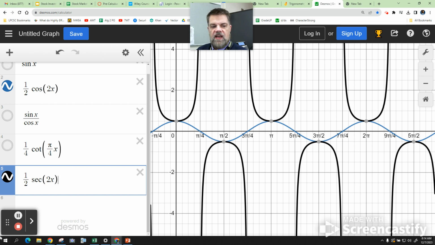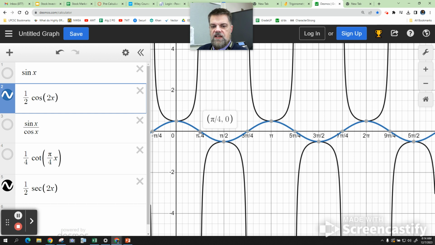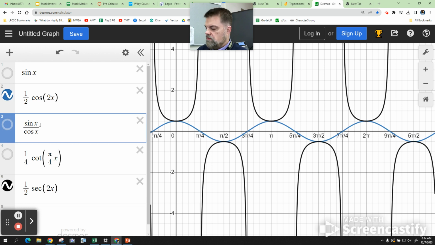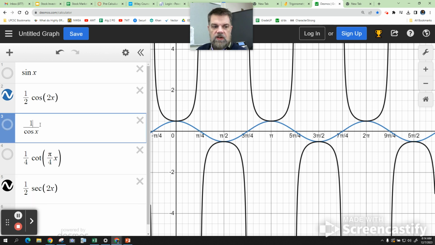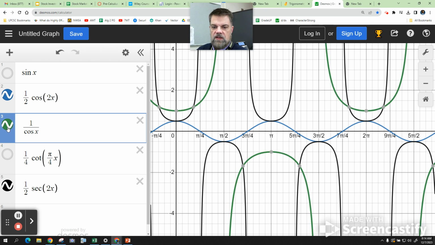Now notice, and this has to do with cosine, that when cosine is equal to 0, you have a vertical asymptote, right? Because secant in reality is 1 over cosine. So 1 over cosine is secant, and wherever cosine equals 0 is where you're going to run into this.